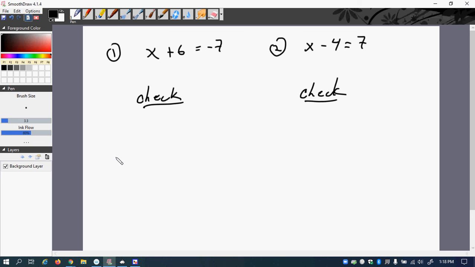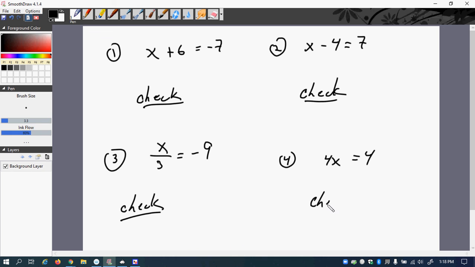Okay, and then 3, we do x divided by 3 equal to negative 9 and then do check. And then also 4, I want you to do 4x equal to 4 and do check. So copy onto paper, alright, and then take picture on telephono and send email.